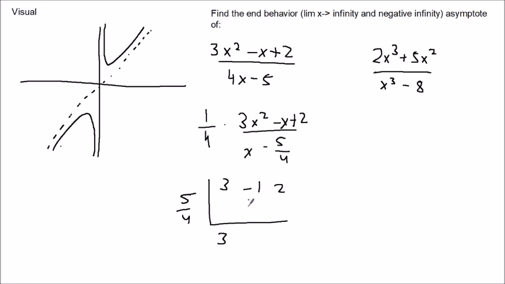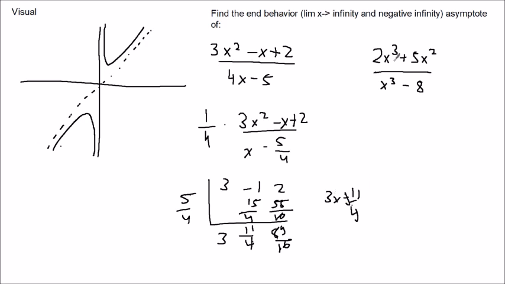So 3 times 5/4 is 15/4, and 15/4 minus 1 is 11/4. You could continue, but it's not necessary. You'll get 89/16 at the end. So the slant asymptote will be 3x plus 11/4.